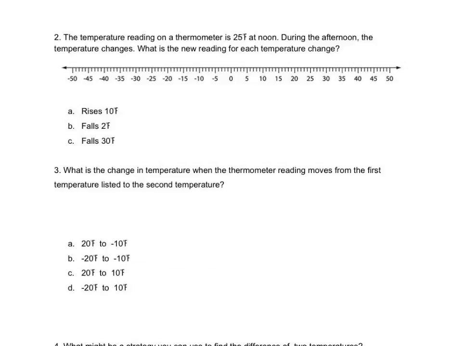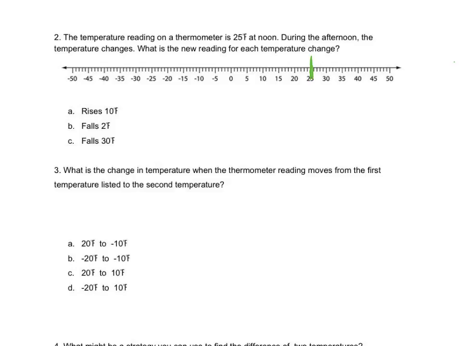All right, let's look at our next example. The temperature reading on a thermometer is 25 degrees Fahrenheit at noon. During the afternoon, the temperature changes. What is the new reading for each temperature change? Well, the first thing is to make sure that we place our starting dot at 25 degrees Fahrenheit. This is a much smaller number line, so instead of placing a dot, I'm actually going to just work with a line.